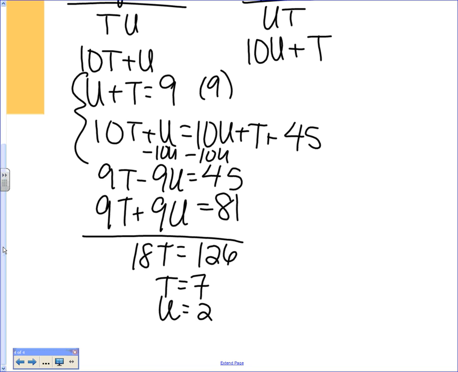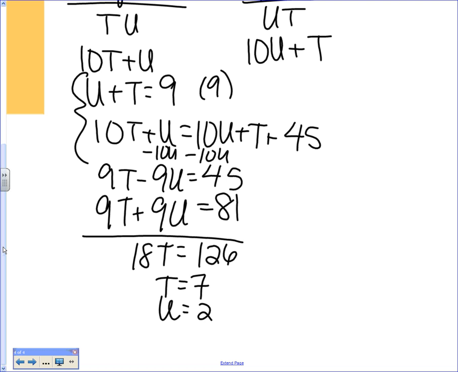T should be 7. I mean, 9 plus 9 is 18. Negative 9 plus 9 is 0. 45 plus 81 is 126. Oh, that's what I did. So I got. Y'all see how that works?